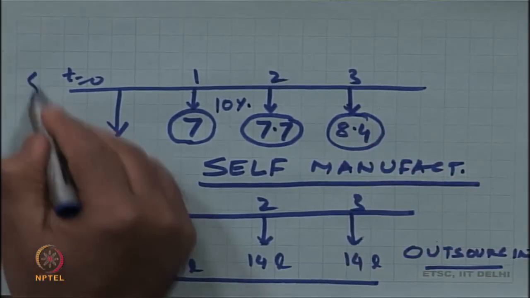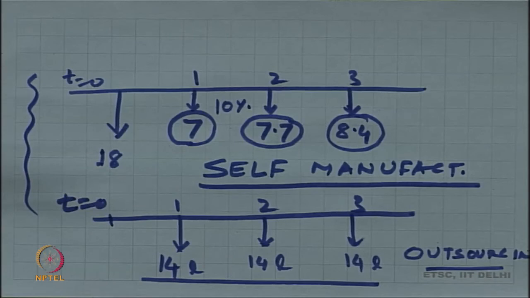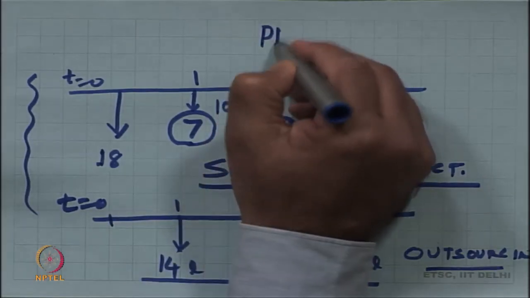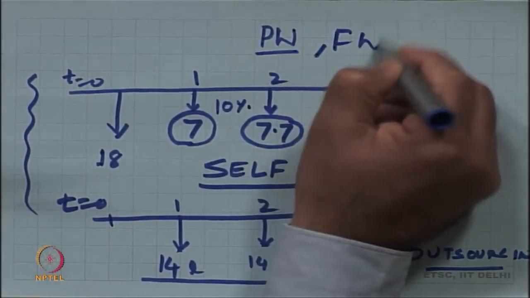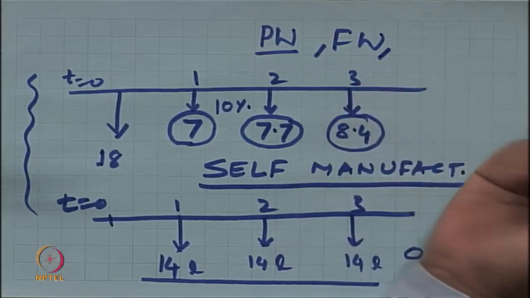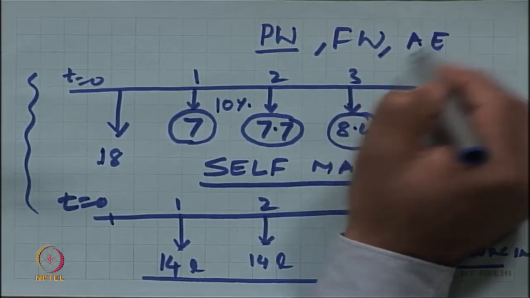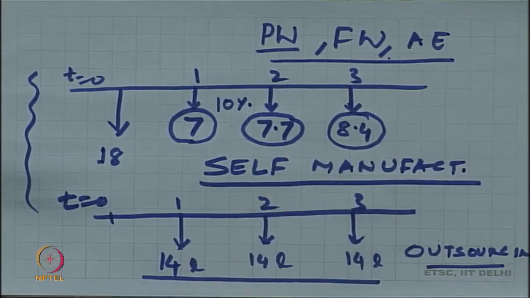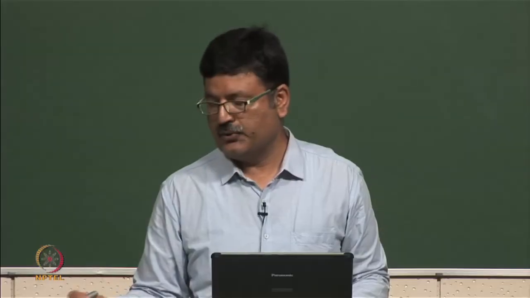So, since these are the only two alternatives here, we can solve this problem using the concepts of either the present worth method or future worth or even annual equivalent method. But suppose we have to solve this particular problem using incremental method of analysis, how do we do it?